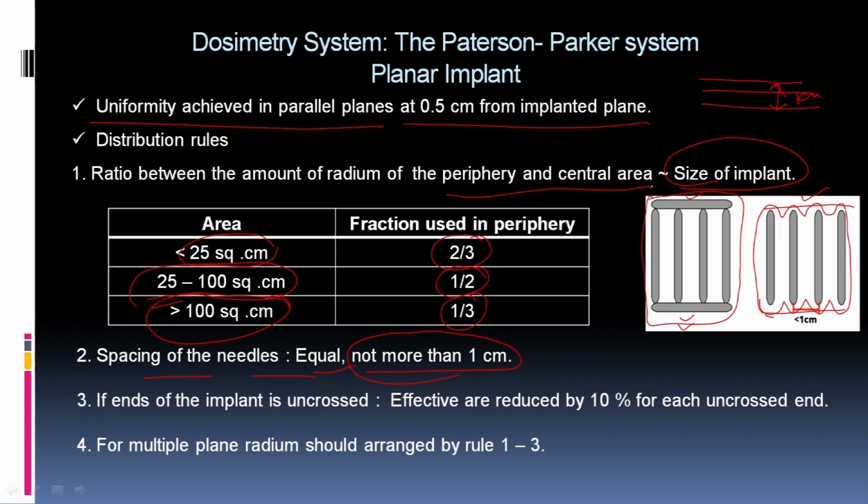Now, if we apply multiple planes of radium, the radium should be arranged by rules 1, 2 and 3. We can apply multiple planes to treat tissue volume of more than 1 centimeter.